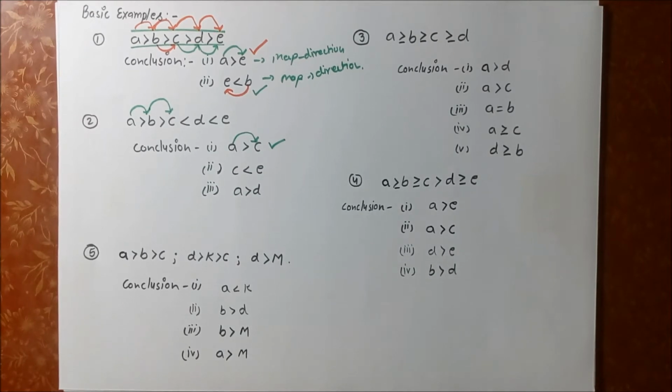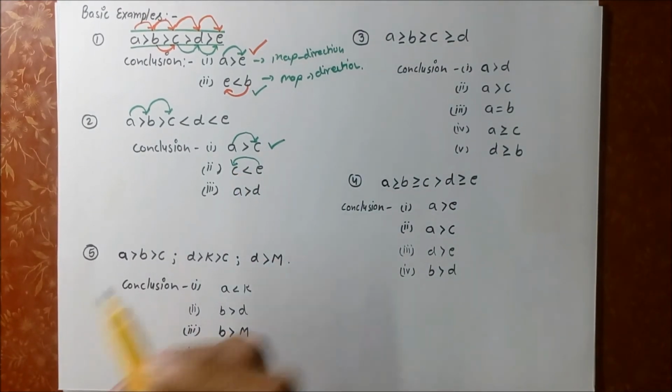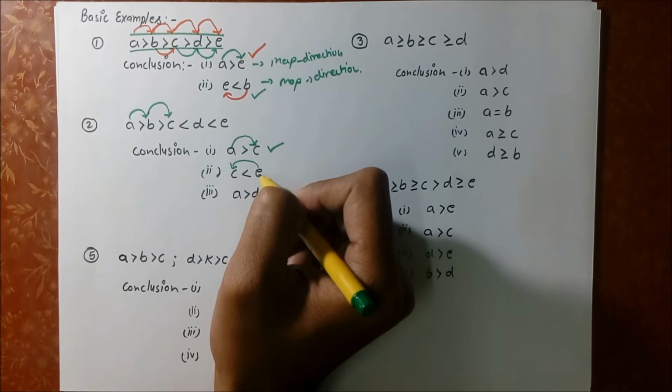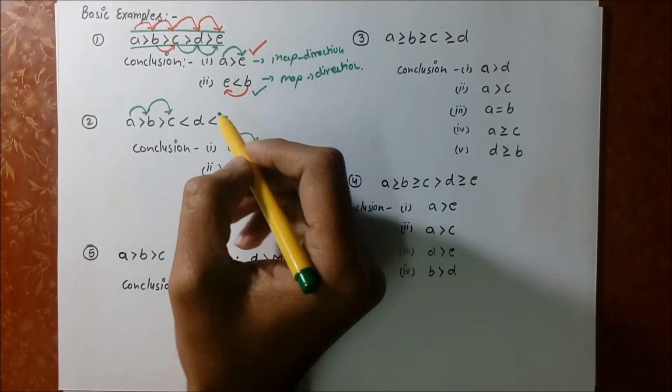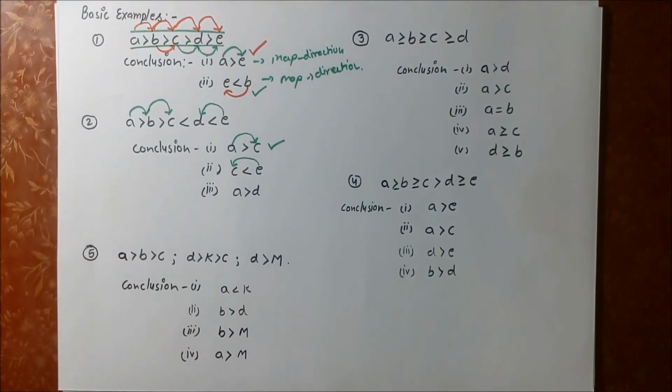Then the second one is C less than E. So according to the conclusion I can go E to C. So I have to check, can I go according to the statement? I have to go E to C now, because the door is open at the side of E, so I can go only E to C. E to D I can go, yes.